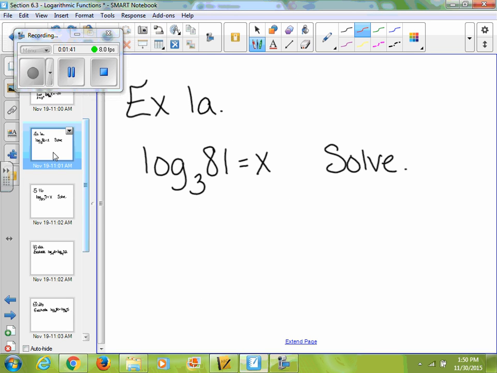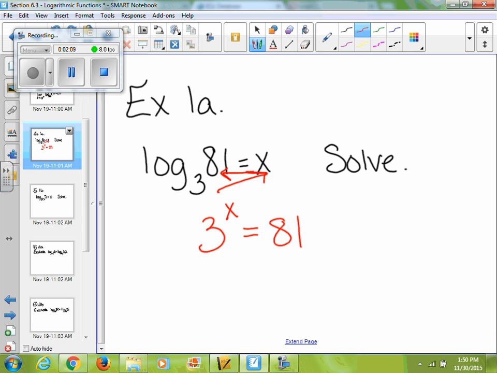Okay, so we're first going to look at solving some logs. If I look at example 1a, I'm given log base 3 of 81 is equal to x, and I'm told to solve that. So that means I need to solve for x. Log base 3 of 81 equals x is equivalent to 3 to the x is equal to 81.